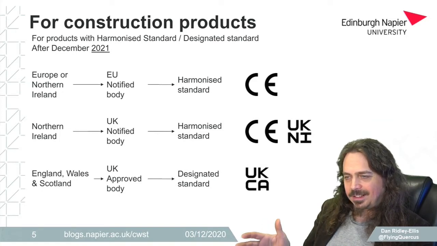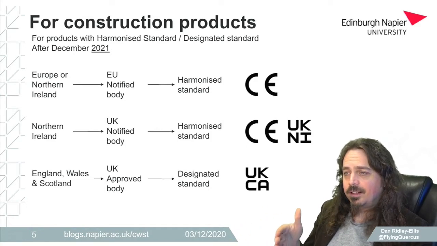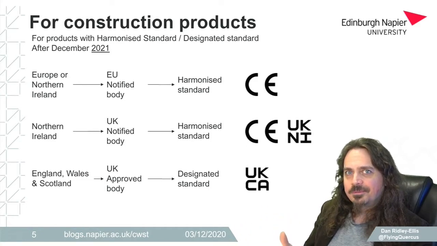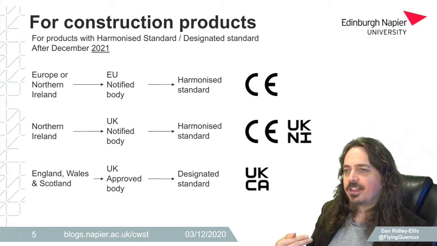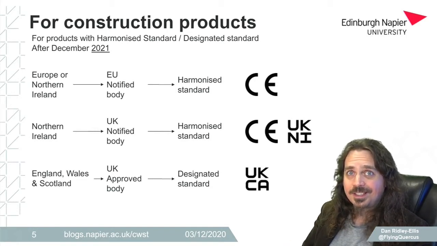Now, after the end of next year, in Great Britain, by which I mean Scotland, England and Wales, they say that CE marking will no longer be acceptable, and you have to use the UKCA mark instead.